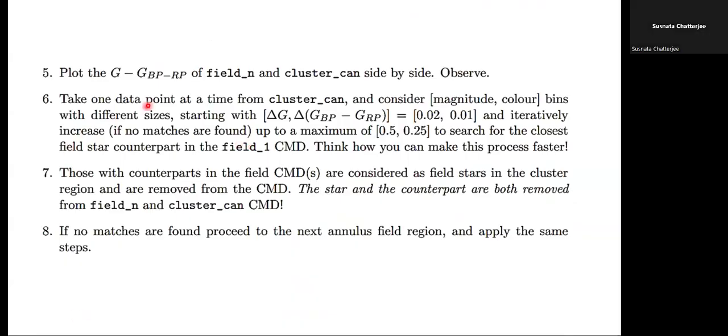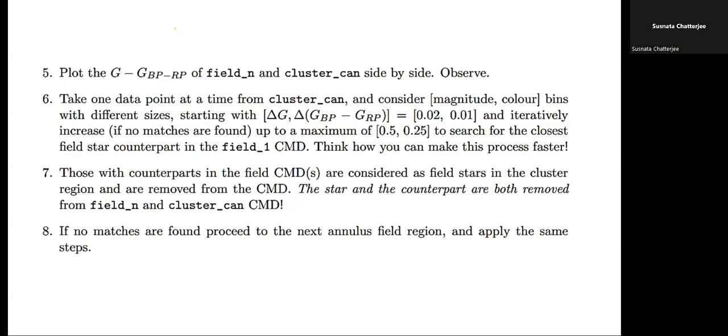Now, we plot the G versus BP-RP apparent color magnitude diagram of field N and cluster candidate side by side. Field N can be said to be the first field, first annular region, cluster 1, field 1. Now, take one data point at a time from cluster candidate.